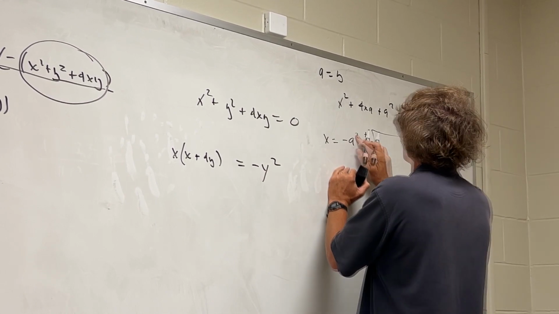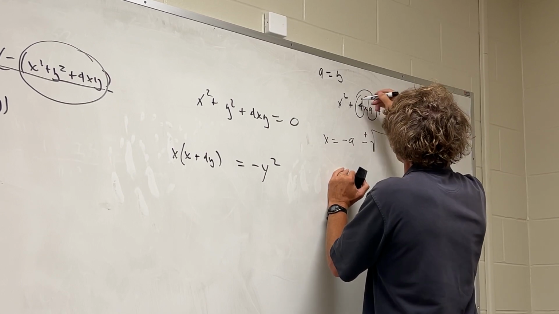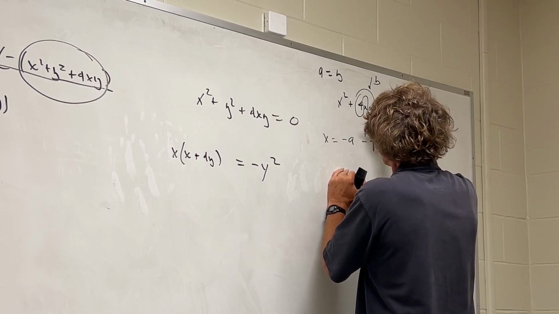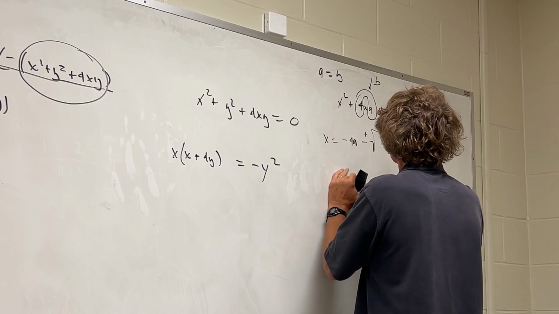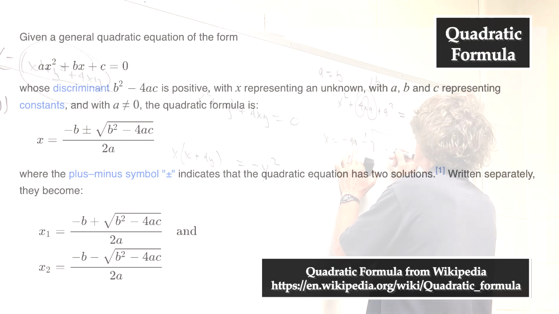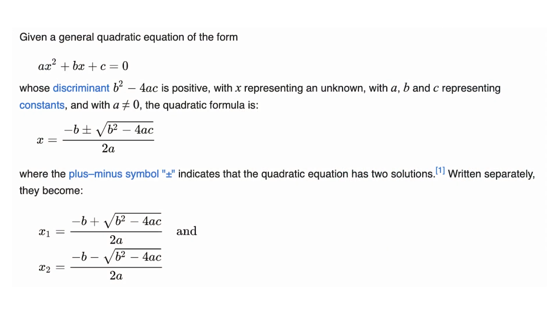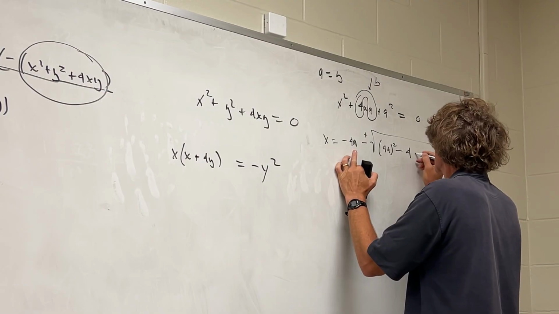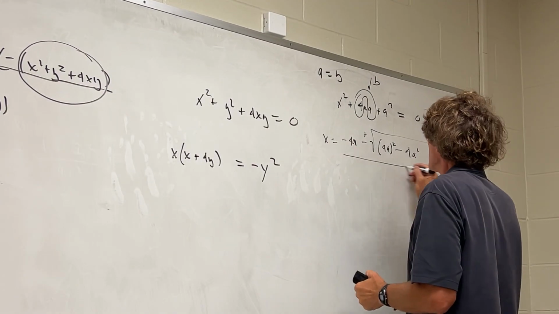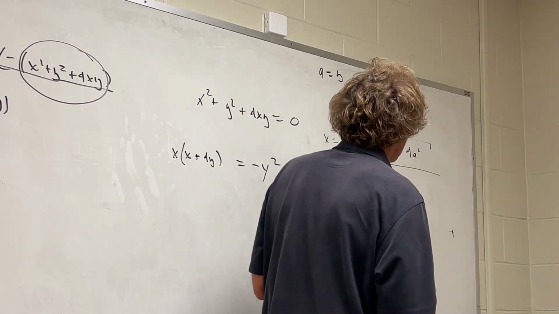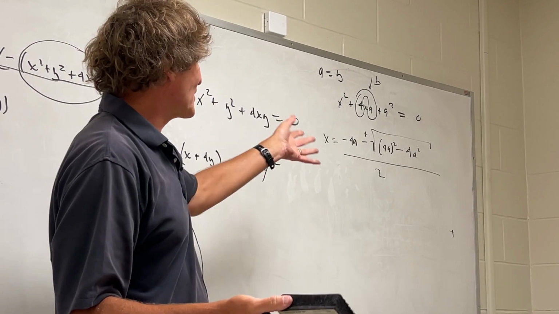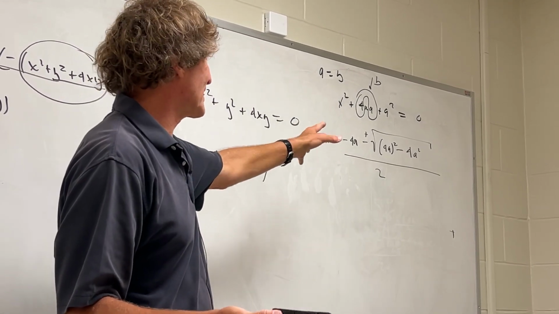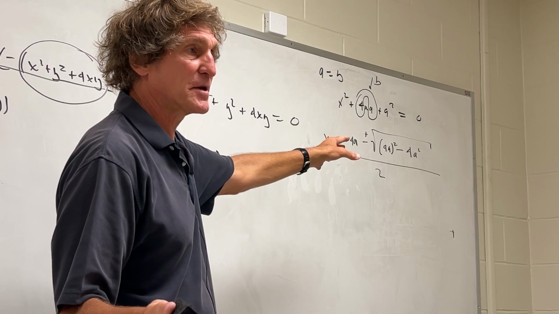Oh, I'm sorry, b in this equation is 4a, so it would be minus 4a plus or minus the square root of b squared minus 4, where a is 1 and c is a squared, all over 2. Do you all follow me? I'm just doing the quadratic on that. You agree with this, class? And I used a there just so I wouldn't confuse anybody. I'm just putting a constant there. Are you with me on this?